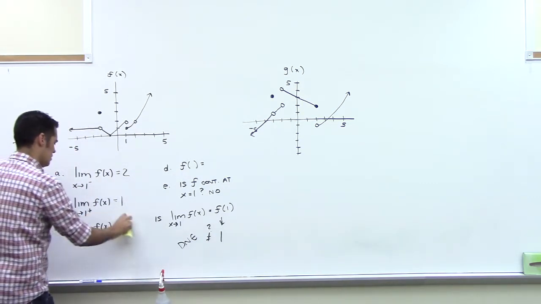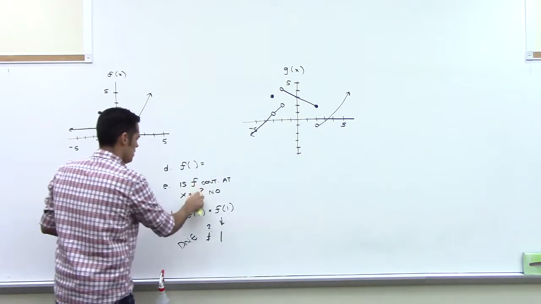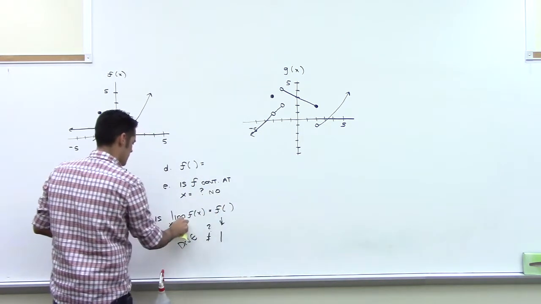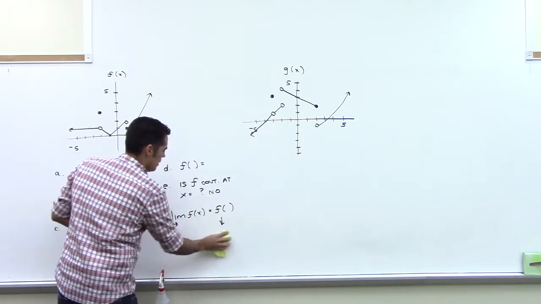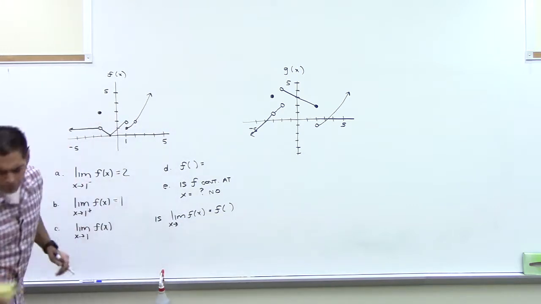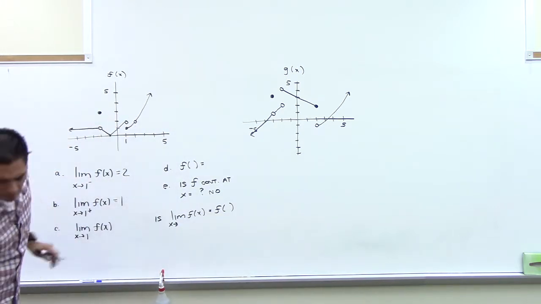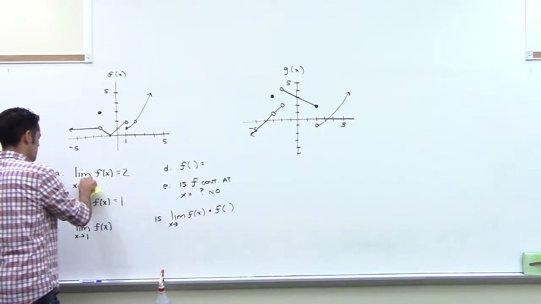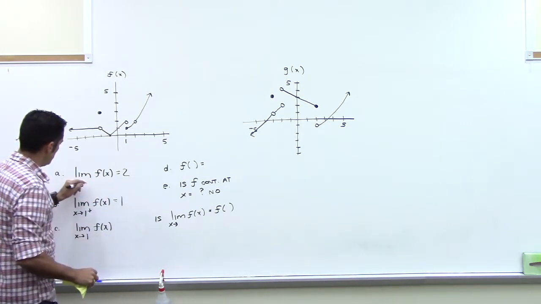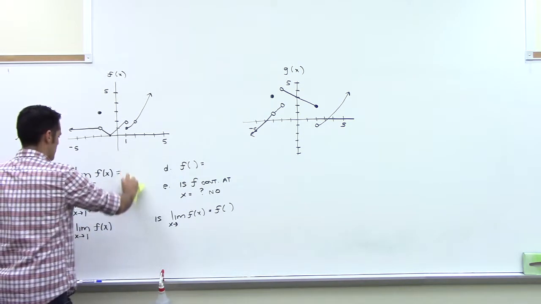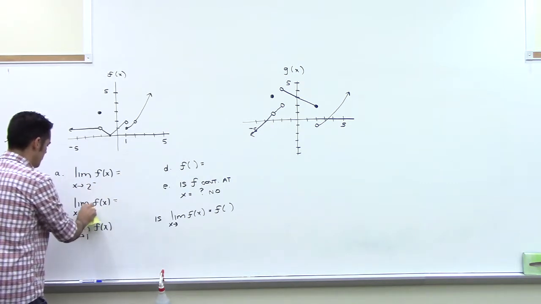Same questions. Over here, we're going to change some stuff. Okay, and so on number 20, same graph, but we're going to be approaching 2. So we're going to go to 2 from the left. We're going to go to 2 from the right.